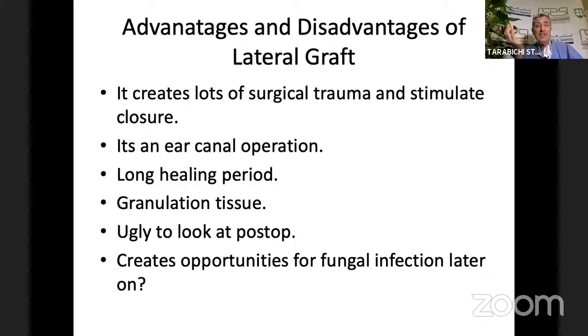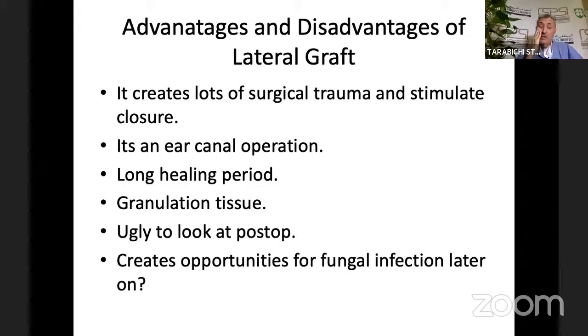You're taking out the skin of the ear canal and laying it back at the end, not interfering with the middle ear cavity. But it does have a long healing period. Sometimes you get granulation tissue, and sometimes you look at it post-operatively and think, this doesn't look good. Fortunately, the patient also doesn't look at it because the hearing result is good. It does not look good to inspection, but the hearing results are really good.